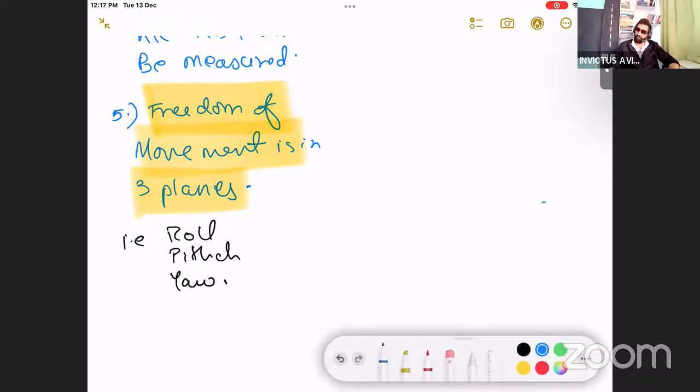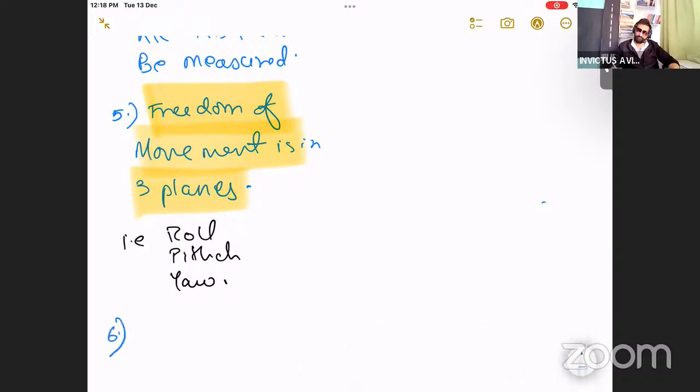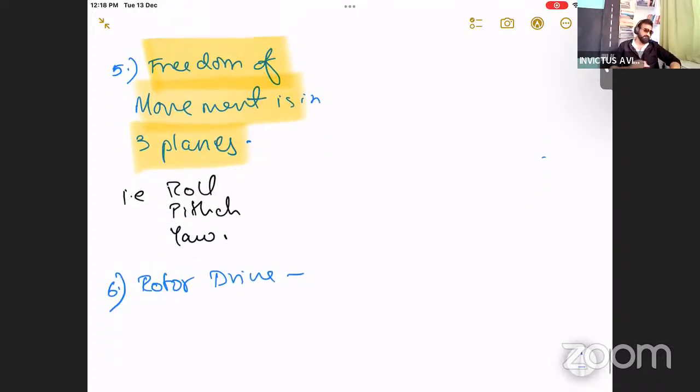Write down the drive of rotor in DGI. How is the rotor given the RPM? How is it driven? In air-driven gyros, you can write air jets, small jets of high-speed air, in air-driven gyro.